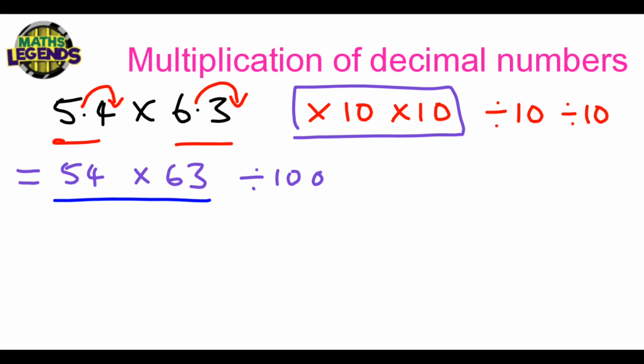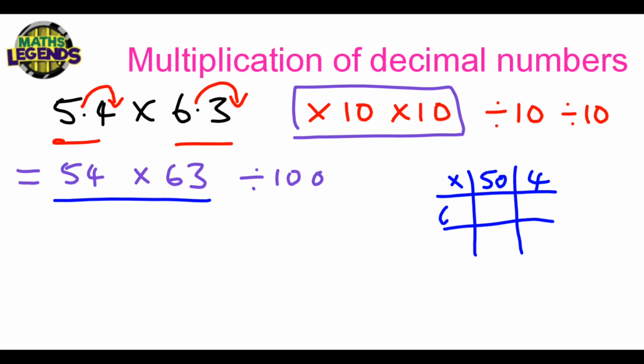Now let's work out our double digit multiplication. So here we have 2 digits in each, so we create a grid and we place a cross there for the times symbol, and then 50 and 4 and 60 and 3. So in the first box, we do 50 times 60, so 5 times 6 is 30, and add the 2 zeros, one from the 50 and one from the 60.